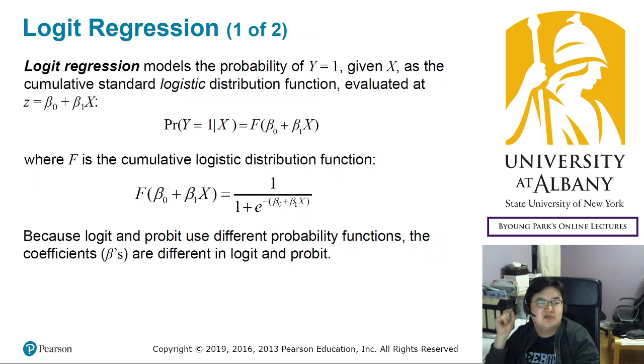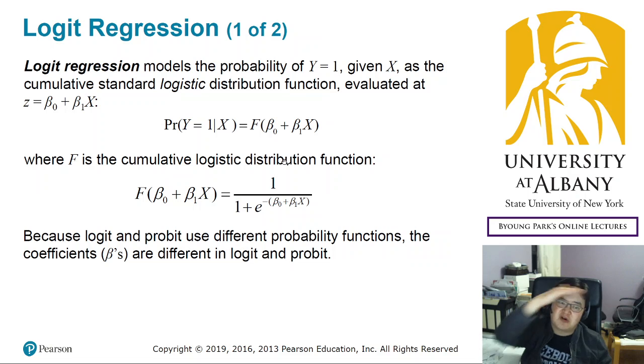There is very little difference. The only difference is that the probit model is based on the standard normal distribution. But now the logit model uses the logistic distribution function. So the logistic distribution function looks like this. It is also a nice looking S-shaped curve, very similar to a normal distribution.